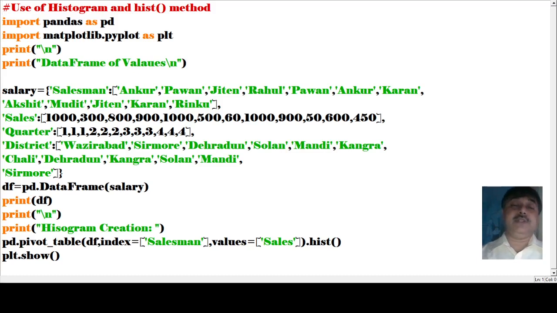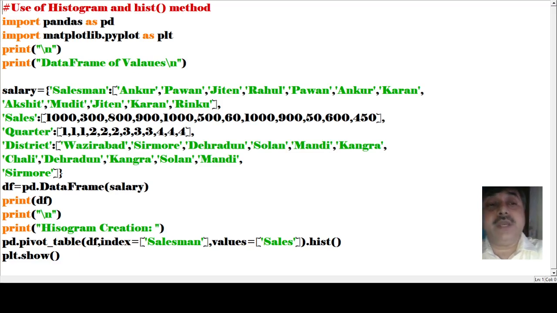There is a salesman, where we have given the names of some salesmen, then different sale amounts, and then the quarter, with different quarters specified, and the district has been given for it.